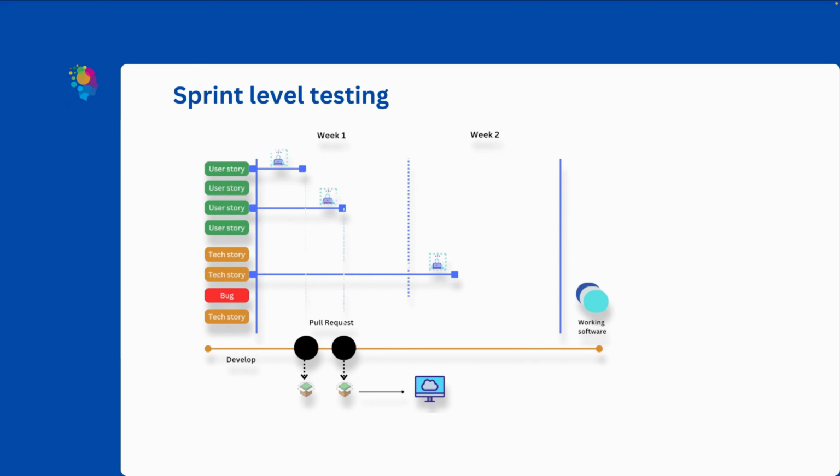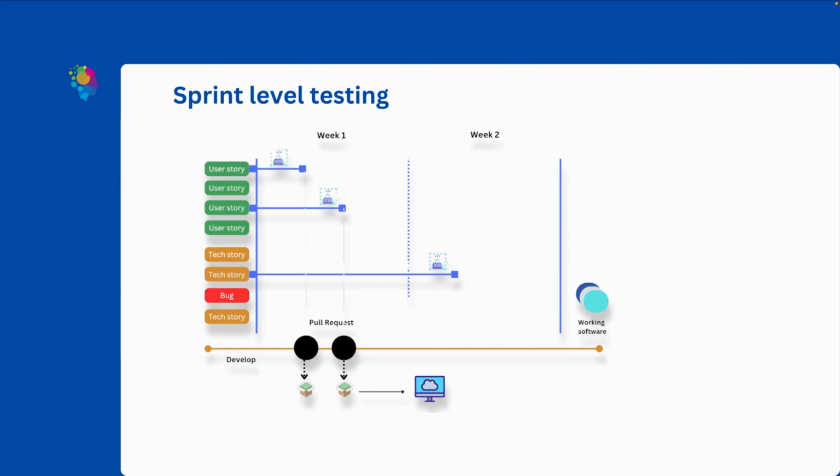In my Agile project, as I mentioned, we are working in sprint level activities, and it's a 2-week cycle. On this diagram, you can clearly see there are user stories, technical stories, bugs are part of the sprint activity. Now, what happens in sprint cycle, it's pretty much the same in every sprint. You have a user story being worked upon by a developer.